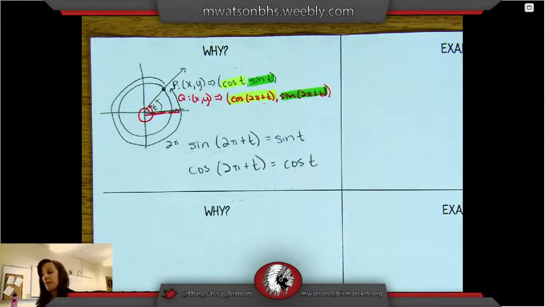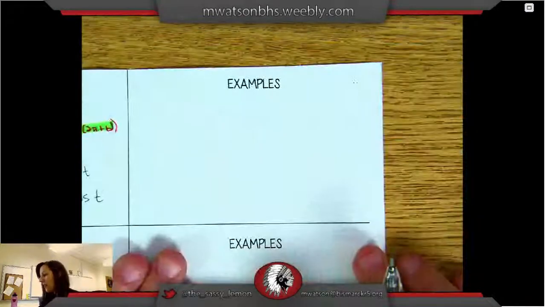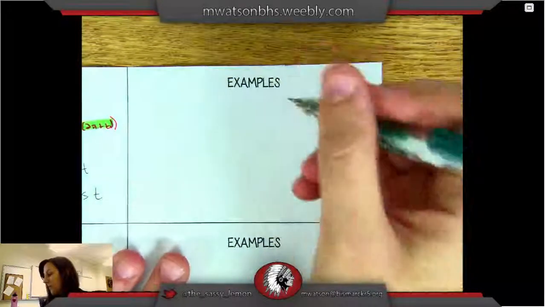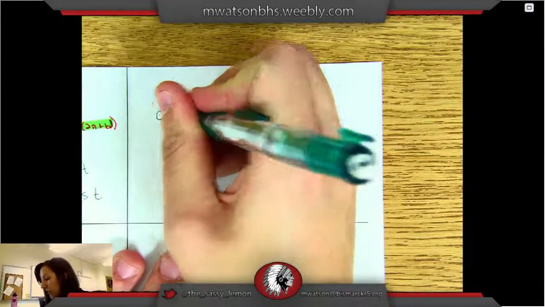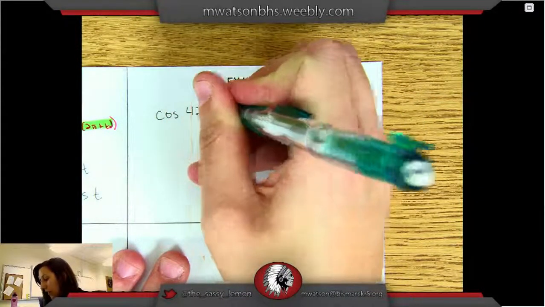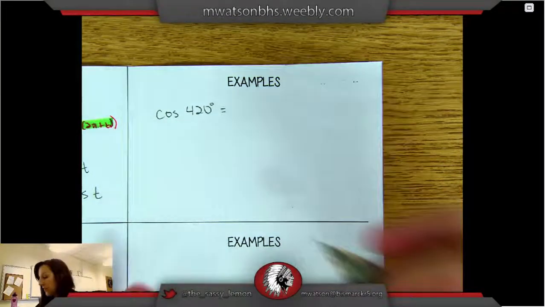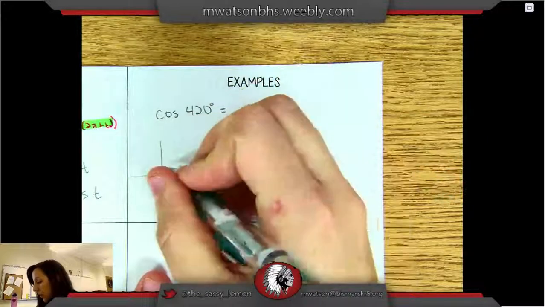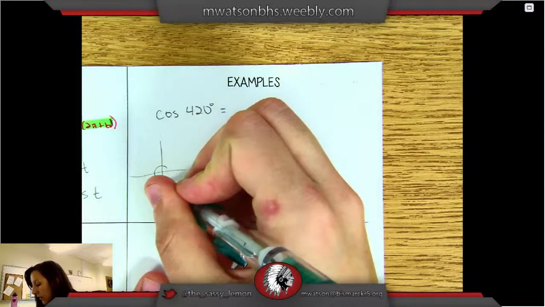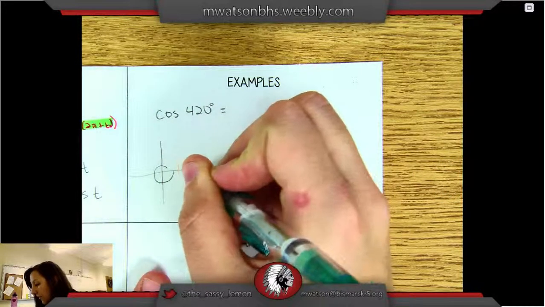Okay, let's do some examples. So, say we have cosine of 420 degrees. The way we did it in the past is we would just quickly sketch out the reference angle. Okay, so we'd do something like this. We'd go all the way around. There's 360.